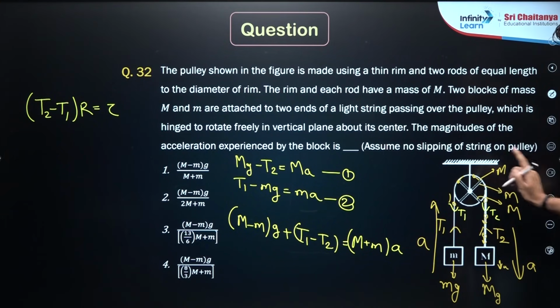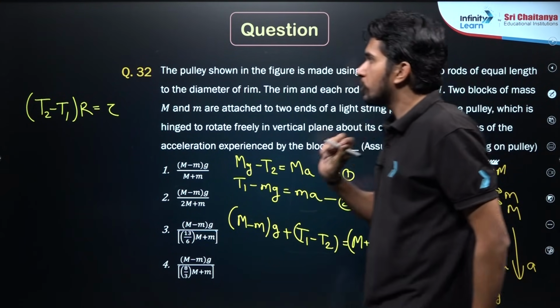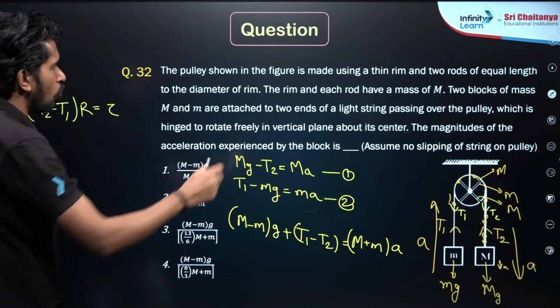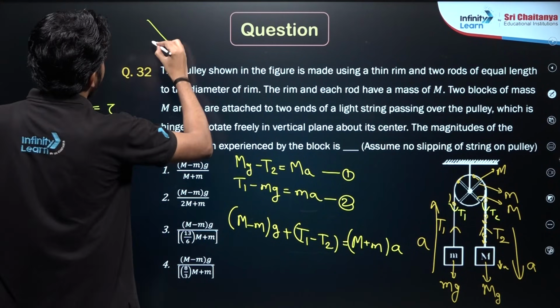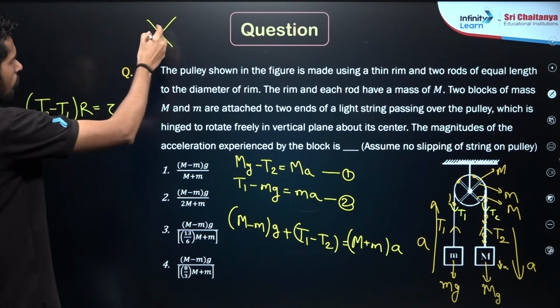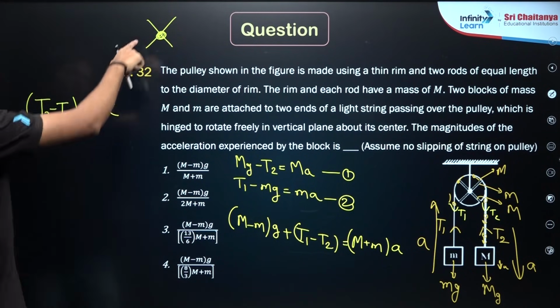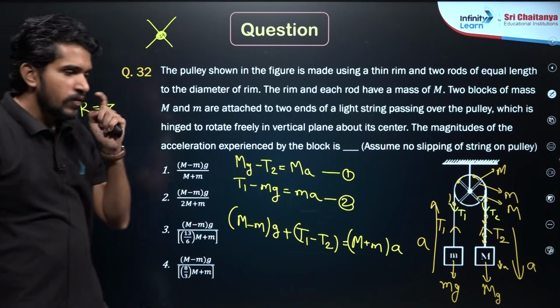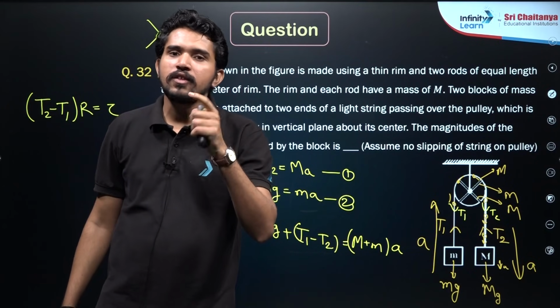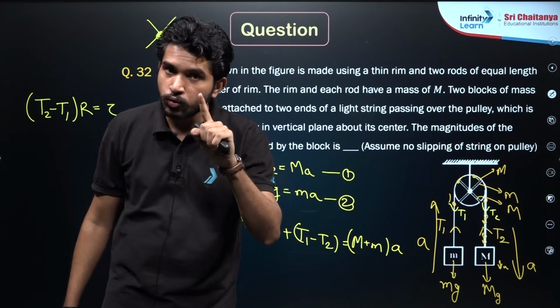Okay, now let's calculate the moment of inertia for the pulley. In the pulley we have two rods, first rod and second rod, and they are rotating about their axis. So about this axis we know that moment of inertia is ml square by 12.